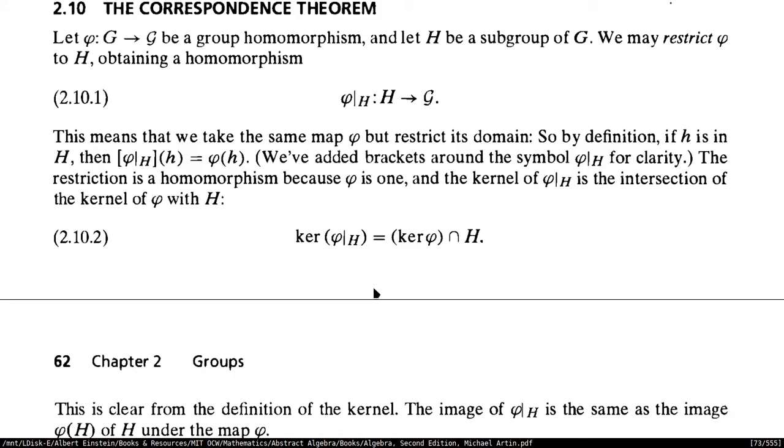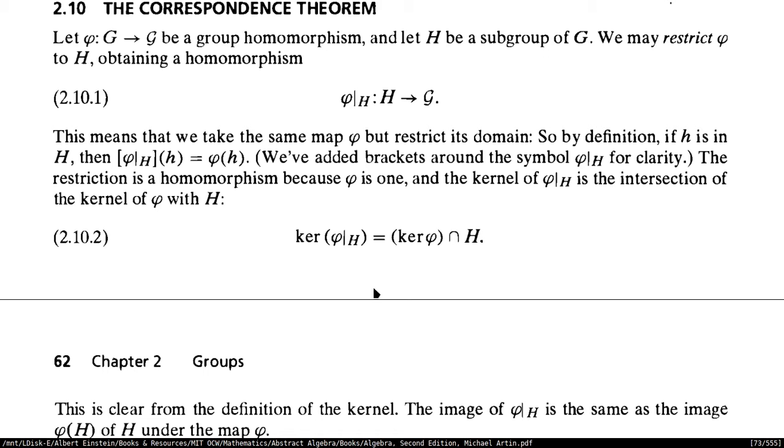If you want to check whether the restriction is actually a well-defined homomorphism, it is not really hard to see, because phi is a homomorphism. If you restrict it to a subset, and it's not really just a subset, it's a subgroup, so it has all the properties from G. So if you have a homomorphism from G, it works well with its subgroups.